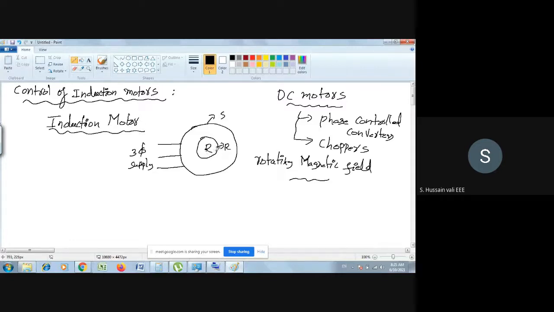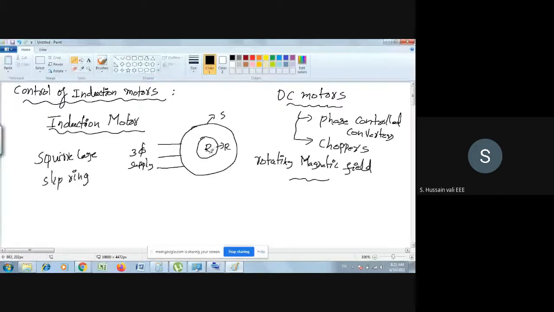Now, the rotor has different types of connections. Two famous ones are the squirrel cage and the slip ring. In either case, the rotor terminals are closed.